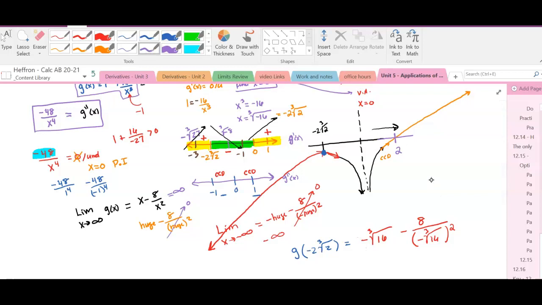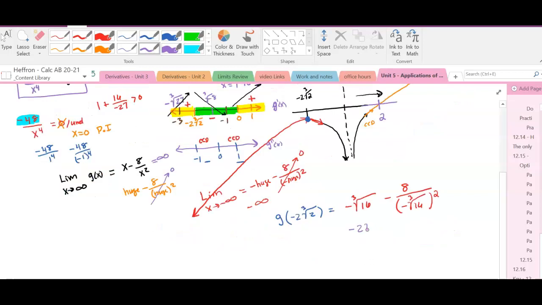So when I do that, this is again that negative 2 cube root of 2, which is between negative 2 and negative 3, somewhere in there. So as I take this negative 2 cube root of 2 and I square it, this will give me, squaring negative 2 is positive 4, and when I square 2 I get 4.